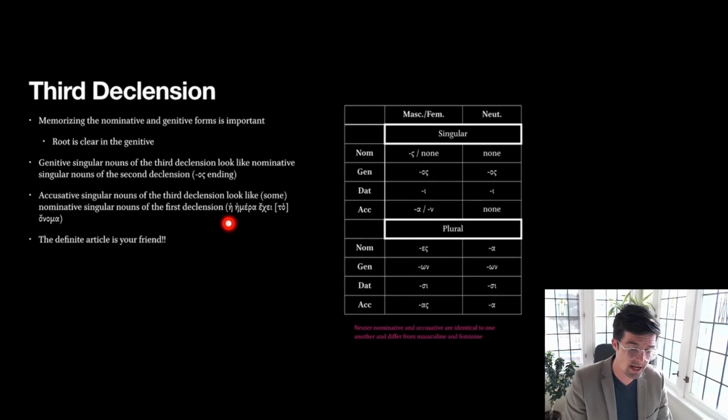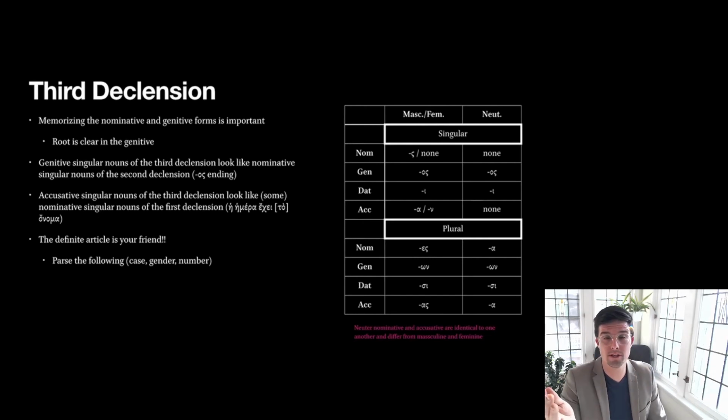So you can get your parsing information for nouns from the definite article when it's there. So even though this looks like a nominative singular of the first declension, the to is going to let you know that it's actually a neuter accusative rather than a feminine in this case.